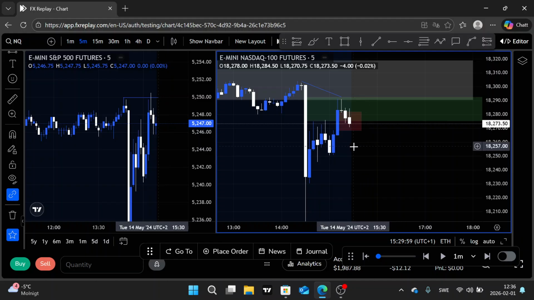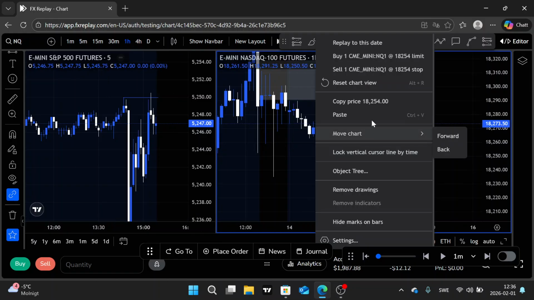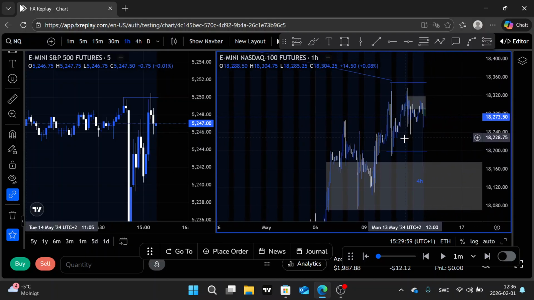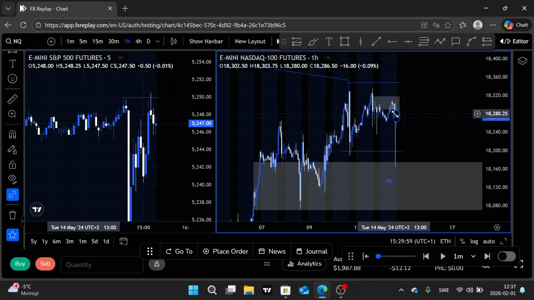And if this for value gap gets disrespected, with having SMT on the high and on higher time frame, on the 1 hour time frame, what do we have here? We have bearish SMT on the higher time frame, we have bearish SMT on the smaller time frame.